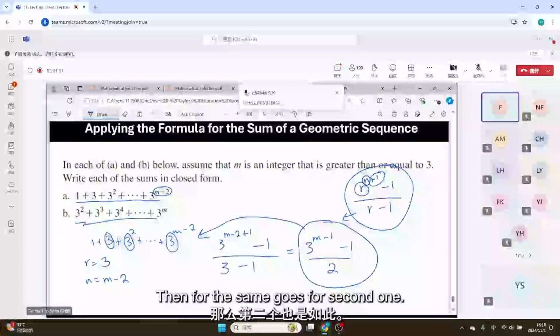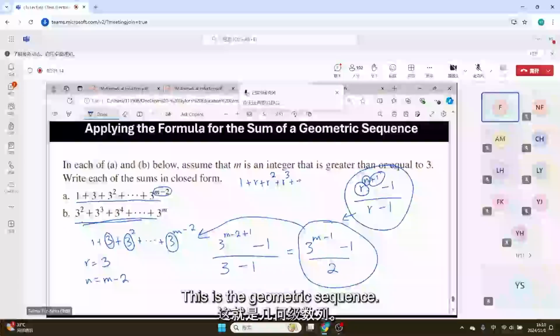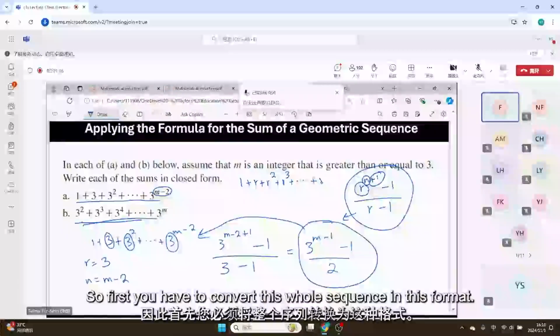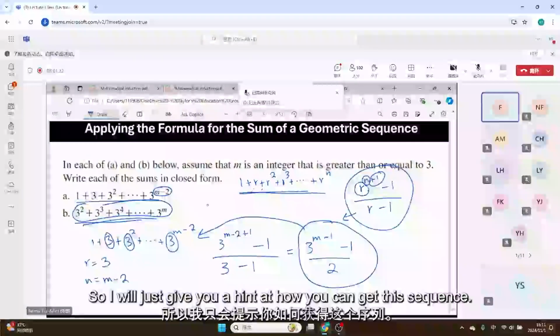Then the same goes for the second one. Here first you have to convert it into the form of a geometric sequence, which is this. This is the geometric sequence. So first you have to convert this whole sequence into this format. You need to have 1 and you need to have R. I will just give you a hint on how you can get this sequence.